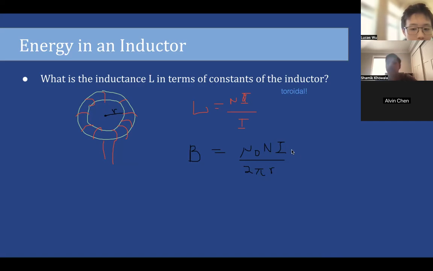If you don't remember how to derive this, you can think about Ampere's law, and you can watch our previous videos on the magnetic field that we covered a couple of classes ago. I'll give you still a minute or 40 seconds to work on this.